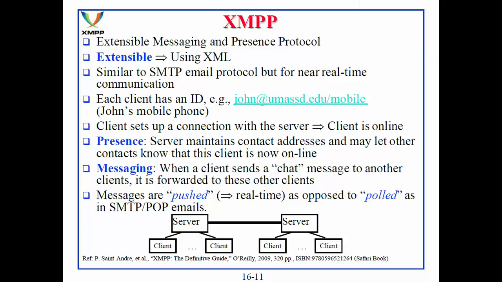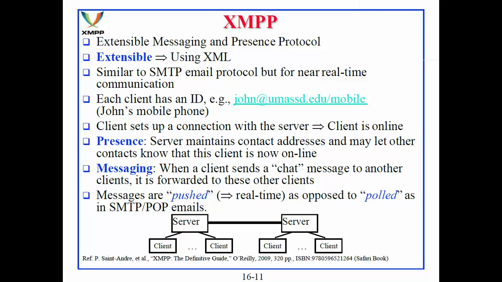You have clients that set up a connection with the server. So you have an XMPP client and server. Once the client is online, it automatically sets up a connection with the server. So like I said, there are two capabilities, or two parts of the protocol, I should say.